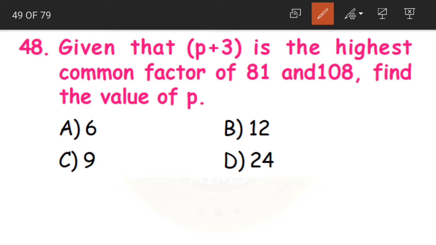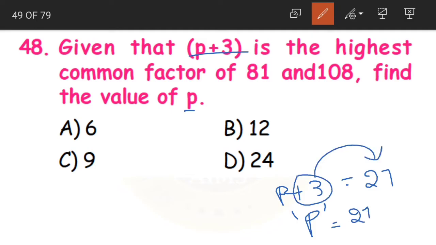Okay, remember this. What is the highest common factor? 27. Now what are they saying? Is P 27? No. P plus 3 is equal to 27. Now what is the value of P? It becomes 27 minus 3, as the 3 moves to that side. So P becomes 24.